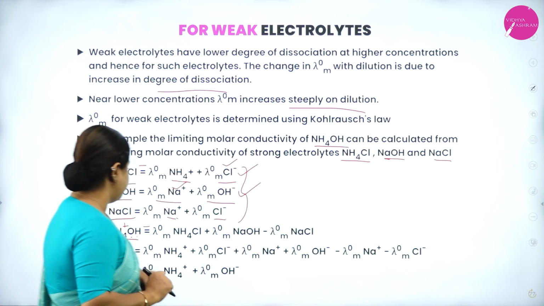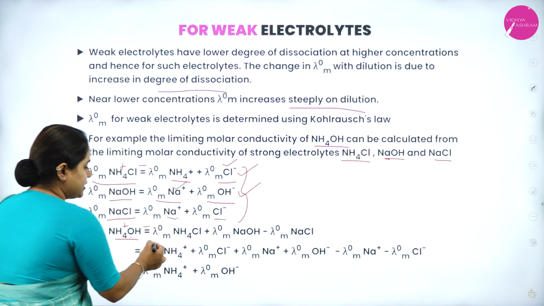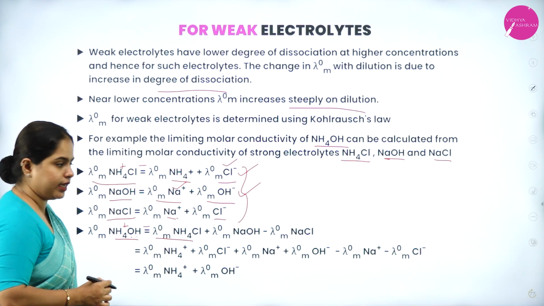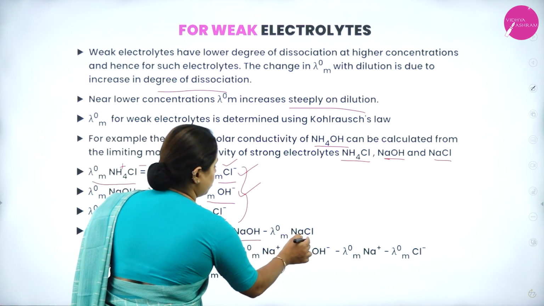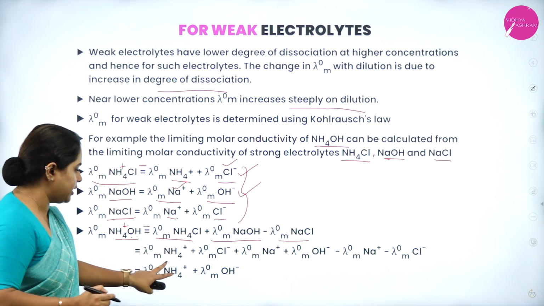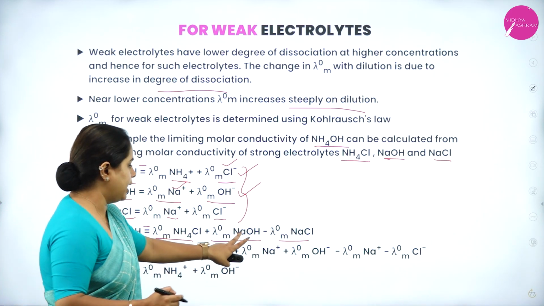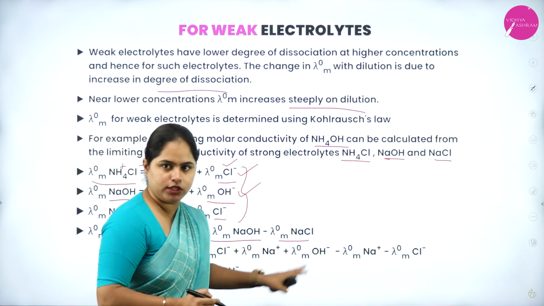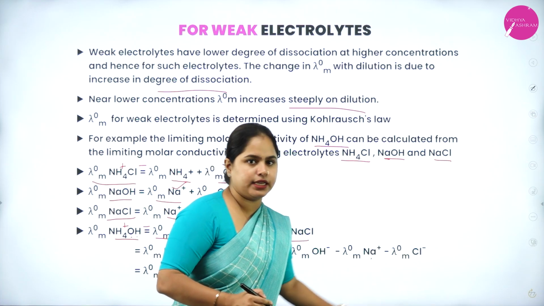So, what does that mean? Lambda naught of ammonium hydroxide, I can write as the sum of lambda naught of NH4Cl plus lambda naught of NaOH minus lambda naught of NaCl. NH4Cl can be written as NH4 plus plus Cl minus, and NaOH is written as Na plus and OH minus. And minus NaCl means you have minus Na plus and minus Cl minus.